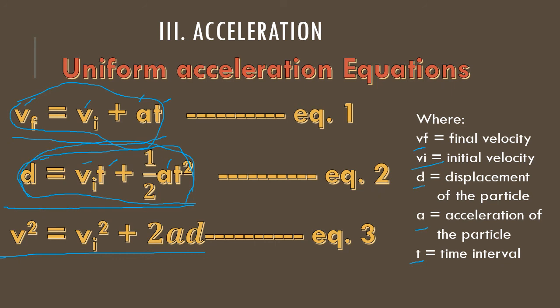The third one is, meron kang initial velocity, acceleration, and distance. So, kung andito yung hinahanap at yung mga given ay andito, ito yung gagamitin. And may mga problem naman na combination. So, gagamitin mo na ito para makuha ito. So, depende sa problem.